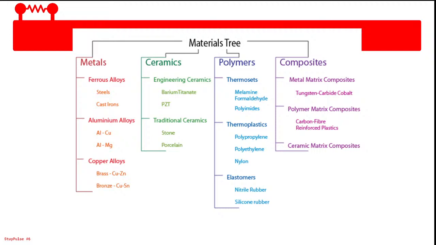These are all specific details that really are not applicable within FRC. I just think it's cool. You understand what you're actually using a little bit more, but for most people, knowing what a ferrous alloy is is not strictly necessary.